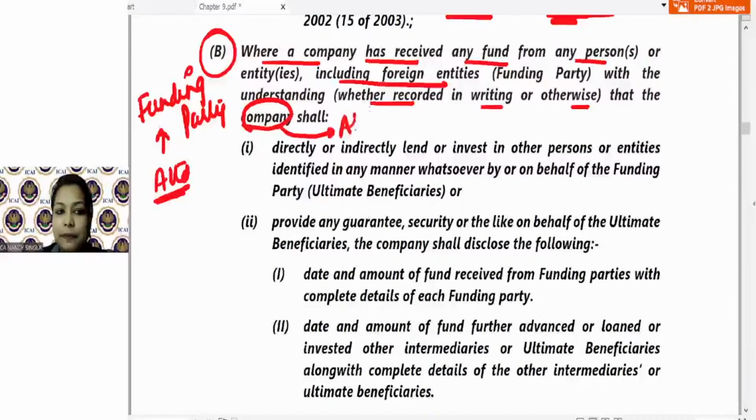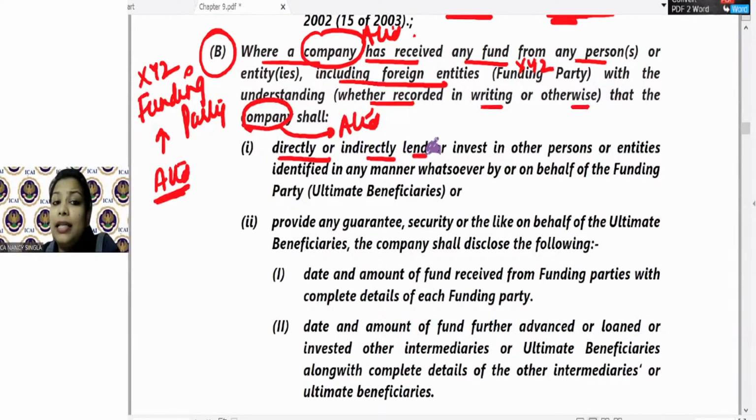A Limited. Here also A Limited. Let's say the funding party we call XYZ. So XYZ, that the company, that is A Limited, shall directly or indirectly lend or invest in other persons in any manner on behalf of the funding party.